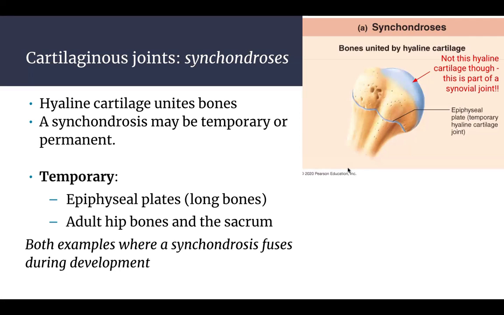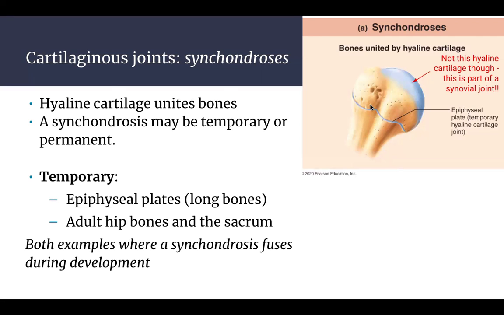Now, a synchondrosis can be temporary or permanent. The one we're looking at here is that temporary hyaline cartilage joint in our long bones that contains the growth plate that allows the bone to grow during development. So this isn't going to last forever.